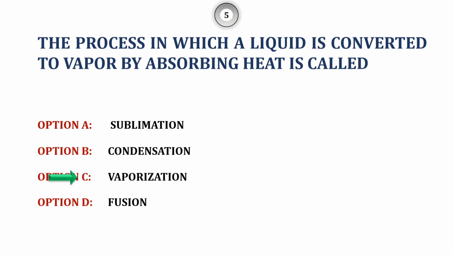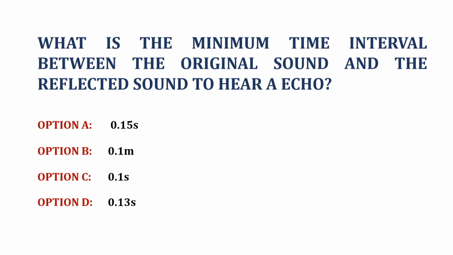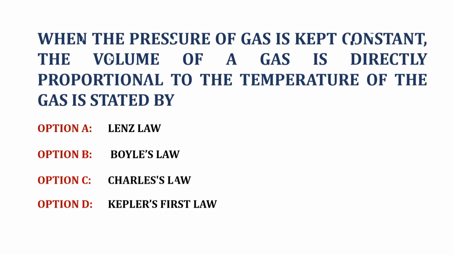Option C, vaporization. What is the minimum time interval between the original sound and the reflected sound to hear an echo? Option C, 0.1 second.